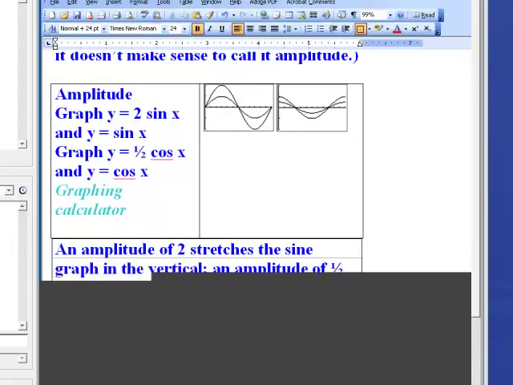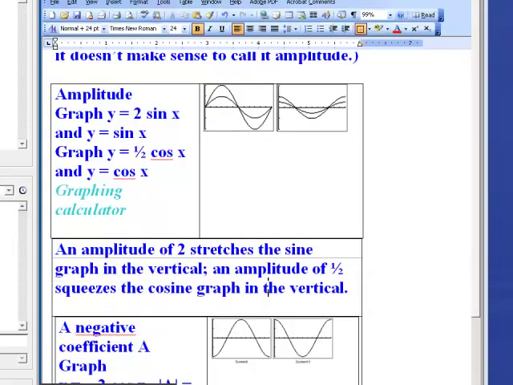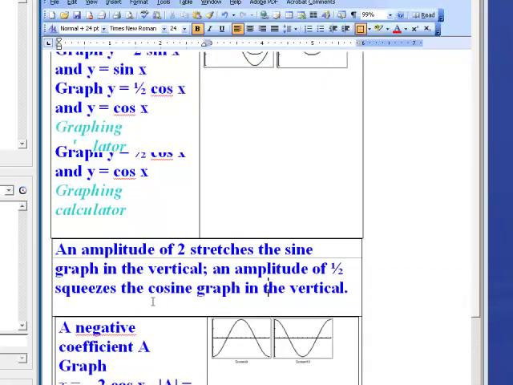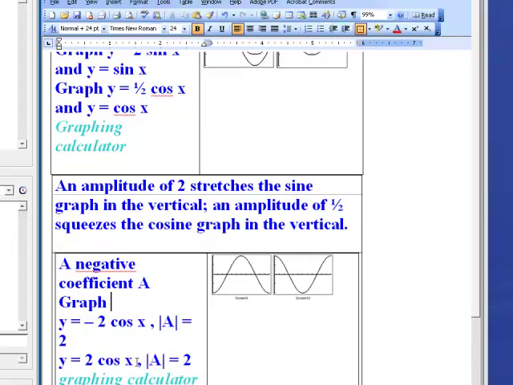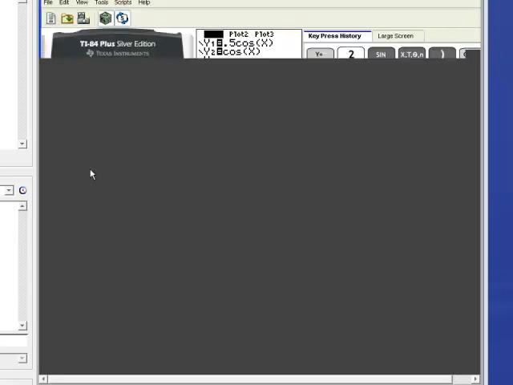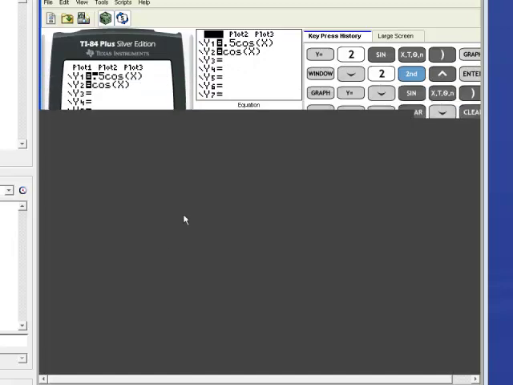Okay, let's look at what a negative coefficient means. So here I'm going to go back to the graphing calculator. I'm going to graph negative 2 cosine versus 2 cosine. I'm going to start out with the 2 cosine. So I'm going to get rid of this one here.